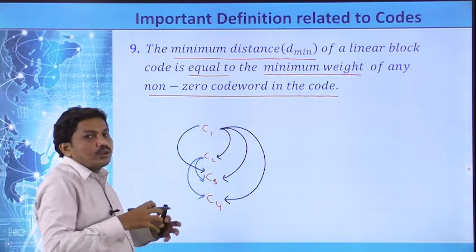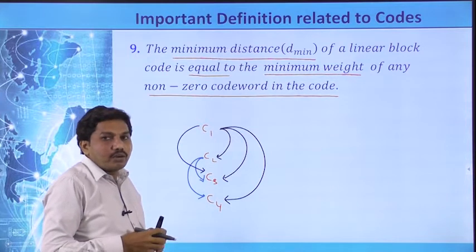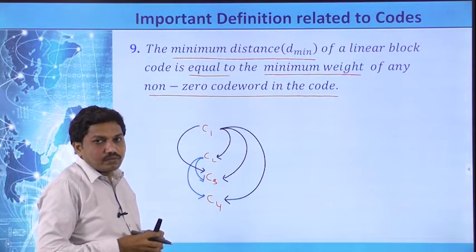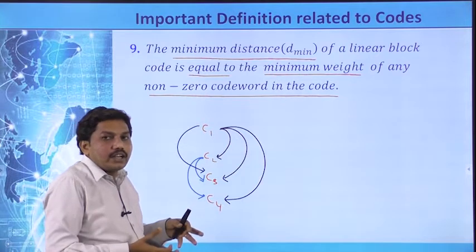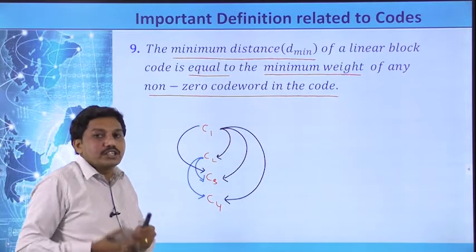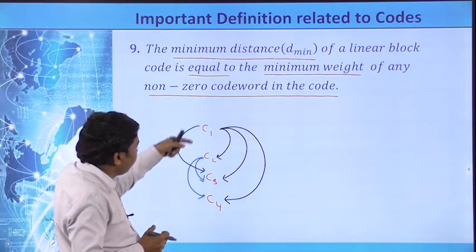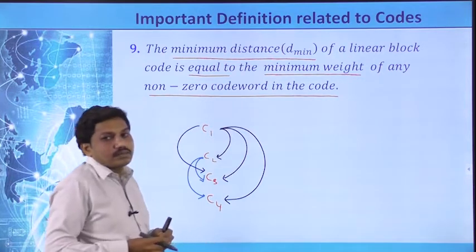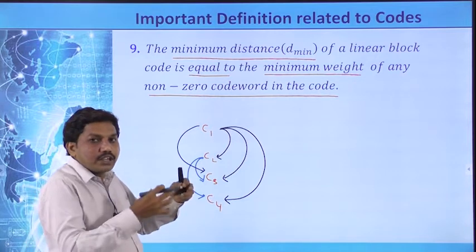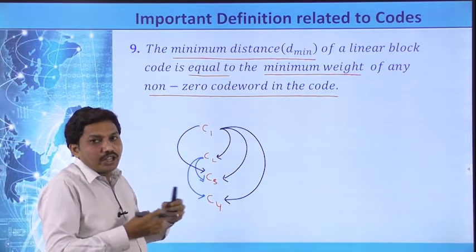That means that many possible combinations. So it is very difficult to calculate if the number of code words increases. Here we have only 4 code words, totally 3 plus 3, total is 6. 6 times we need to calculate the Hamming distance between pairs of code words.